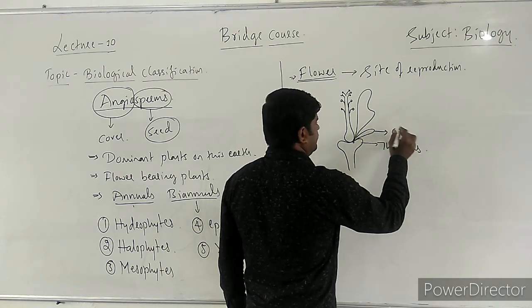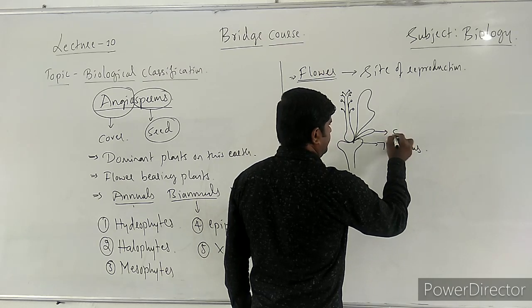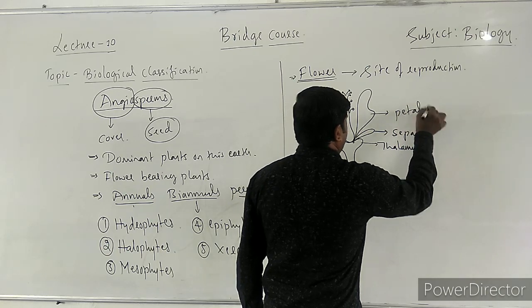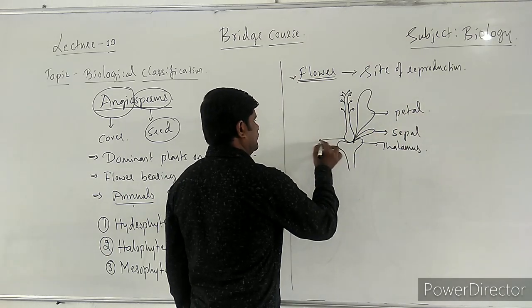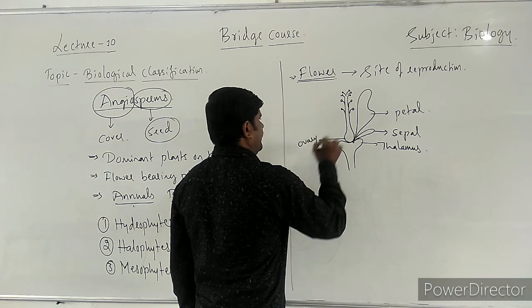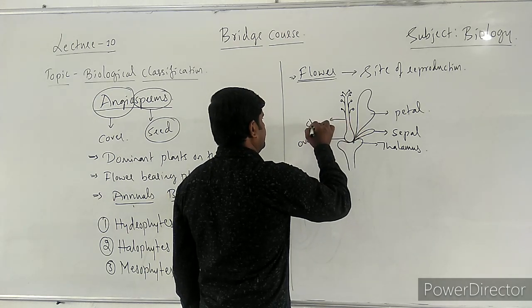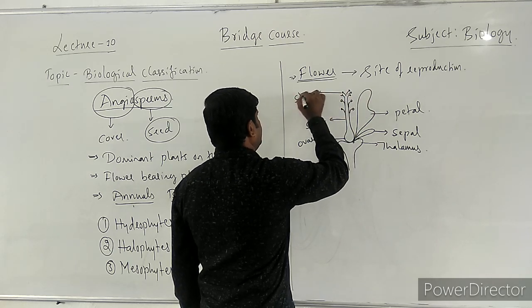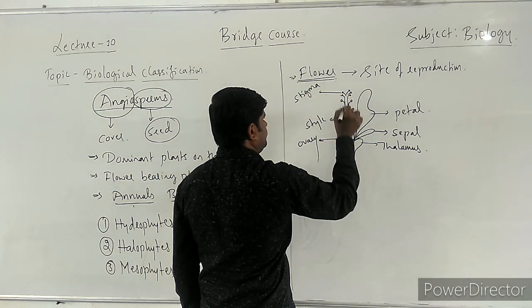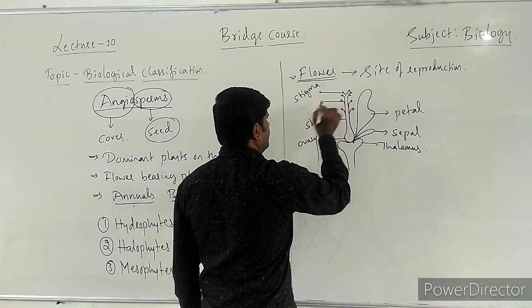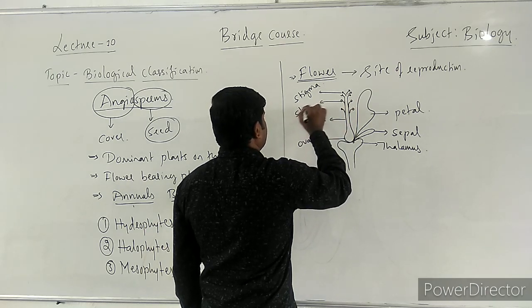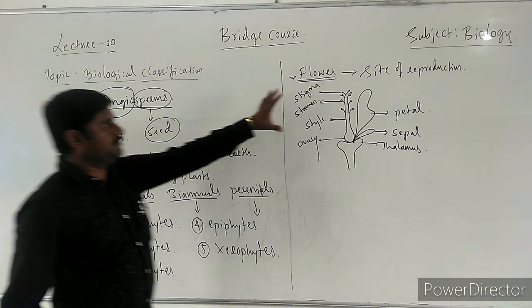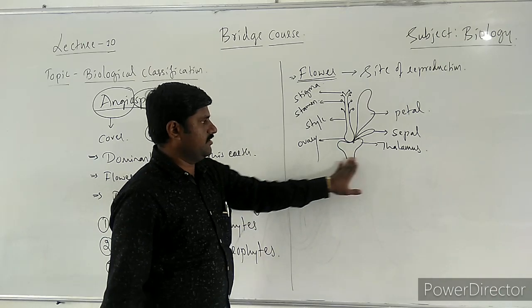And this is sepal, and this is petal, right? This is ovary, this is style, this is stigma, and these are nothing but stem. Okay, these are the major parts of the flower that we come across here.